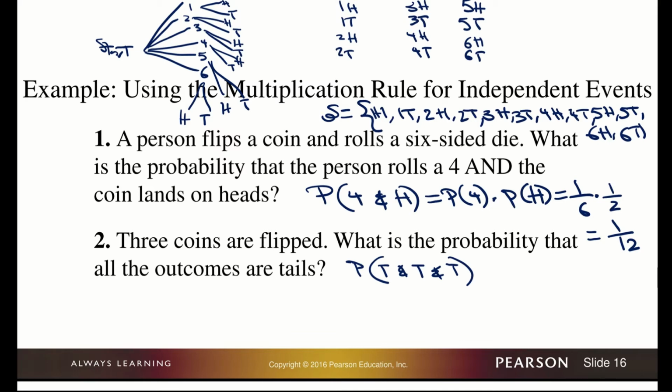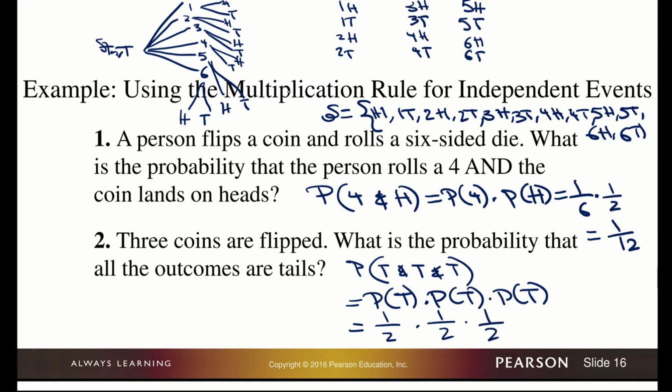So therefore, using the multiplication rule, we know this is just going to be P of T times P of T times P of T, right? So what is the probability on a single flip of getting tails? That's just what? 1/2. So 1/2 times 1/2 times 1/2 will give us 1/8. All right, so make sure you understand these before we proceed.